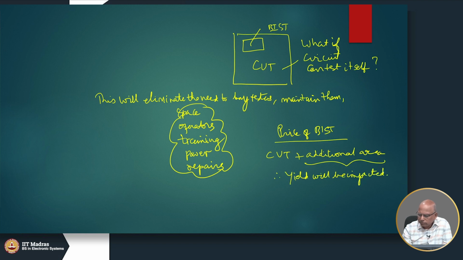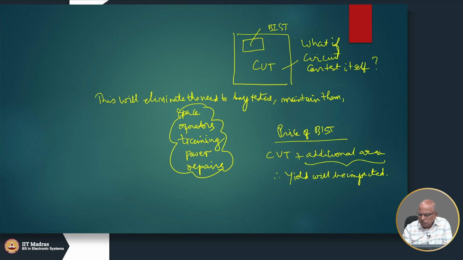Number 1, right. Remember, the yield decreases quickly with the area. It is sort of exponentially decreasing with area.